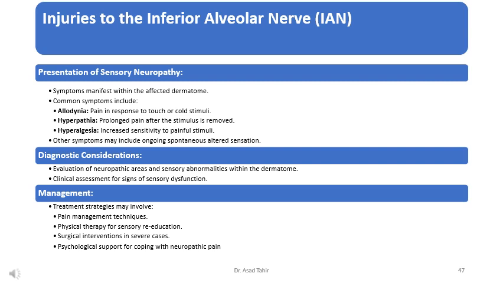Diagnostic considerations. Evaluation of neuropathic areas and sensory abnormalities within the dermatome. Clinical assessment for sensory dysfunction. Management. Treatment strategies may involve pain management techniques, physical therapy for sensory reeducation, surgical interventions in severe cases, psychological support for coping with neuropathic pain.